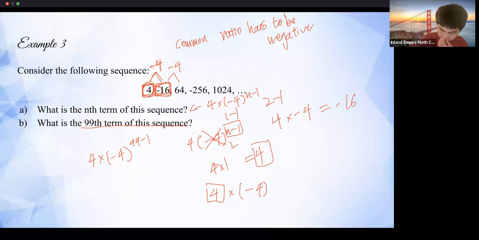So right here, it needs to be n minus 1, because we only start multiplying it by the common ratio after we got to the second number. So the first number should be 4. This generalization equation should be 4 times -4 to the n minus 1th power.